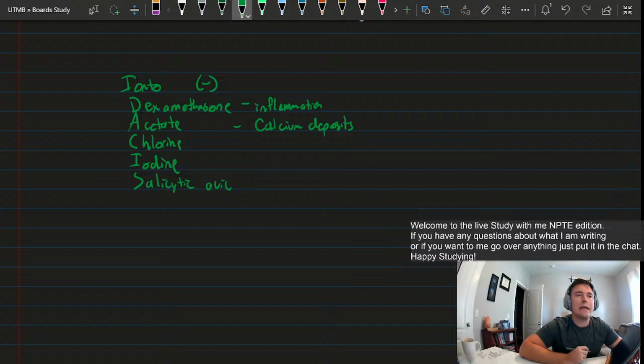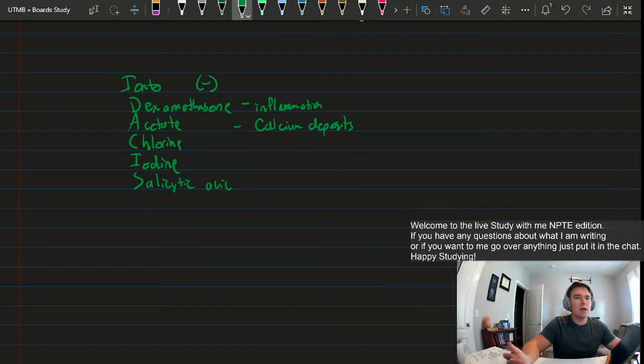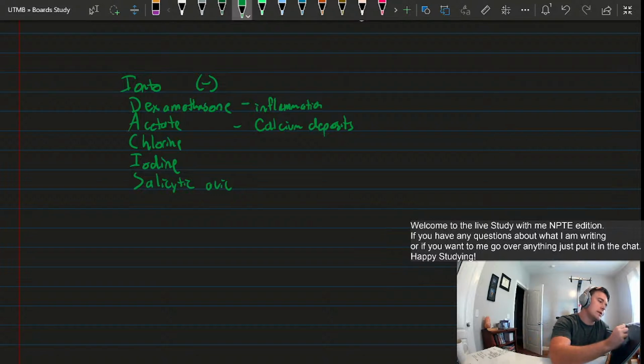If it says anything about supraspinatus tendonitis, and which electrode would you apply the medication for Achilles calcification or anything like that, then of course you'll know it's negative and it's going to be acetate.